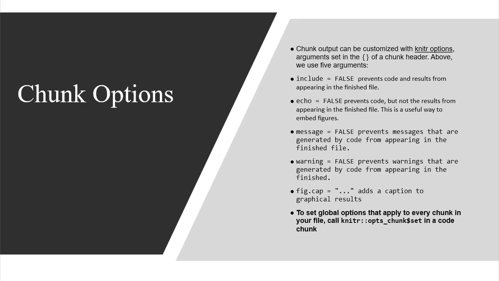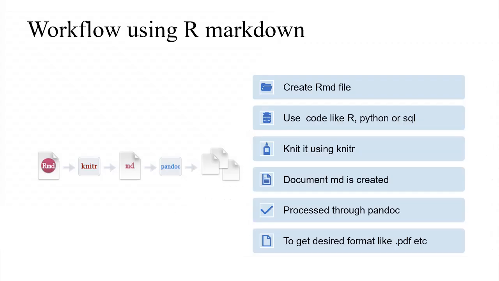Here you can use include, echo, message, warning and fig.cap. And you can also set these chunk options globally using knitr::opts_chunk$set. Using that you can set certain options for throughout the document.